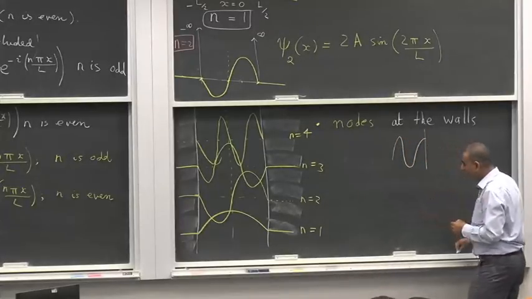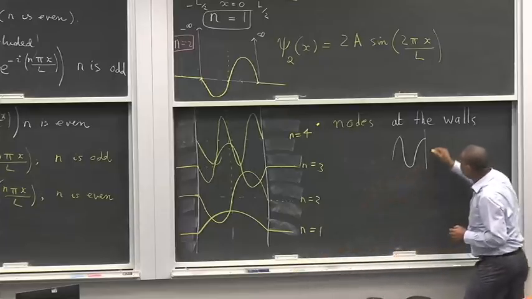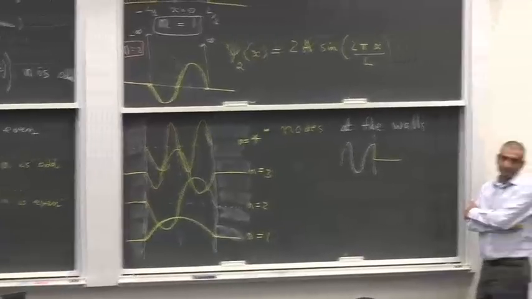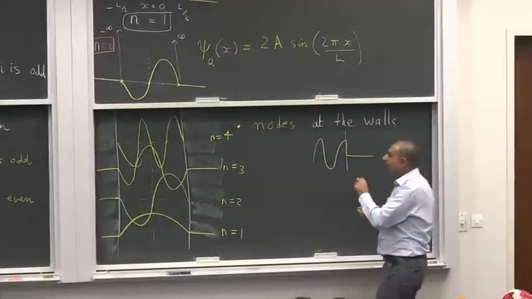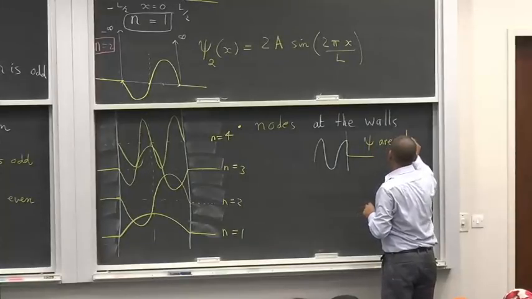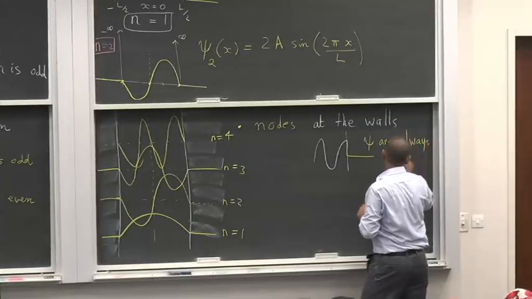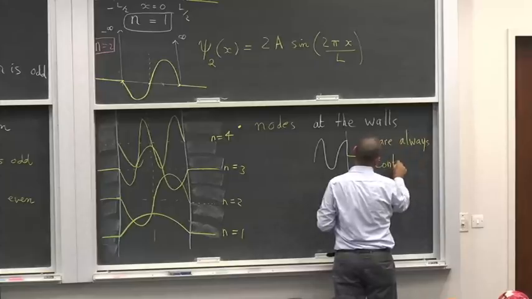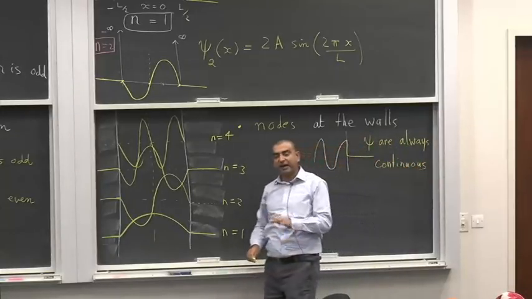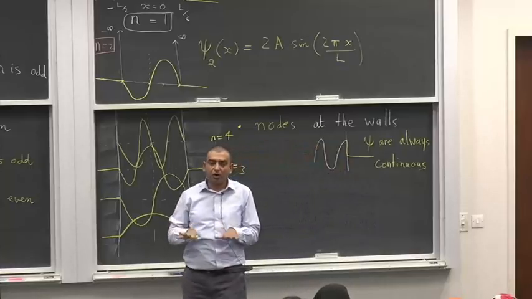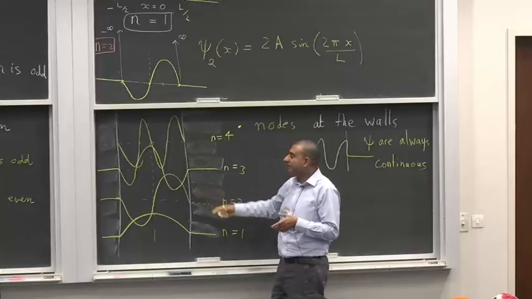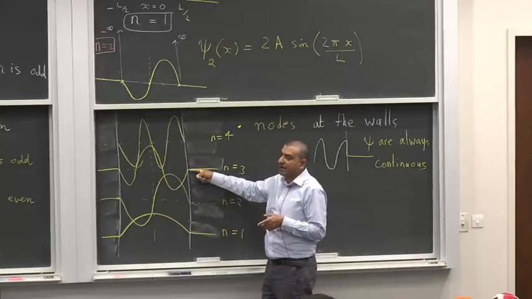If this is a wall and abruptly the wave function goes to 0 at the wall, this is impossible. Our wave functions are always continuous. If you would like to keep the energies finite, the wave functions are always continuous. So we observe that whatever the value of n is, there is always a node at the wall.